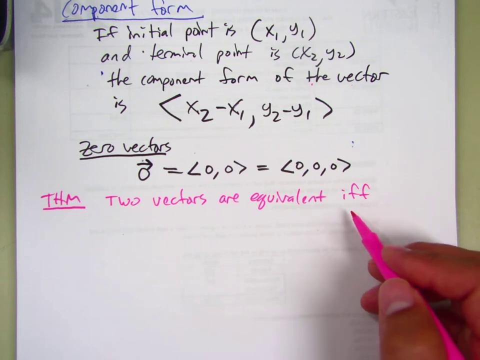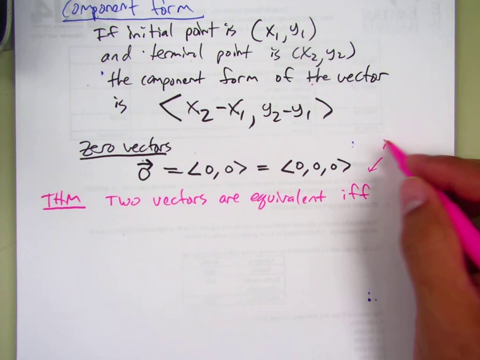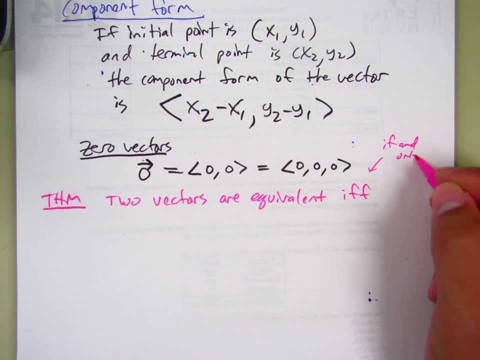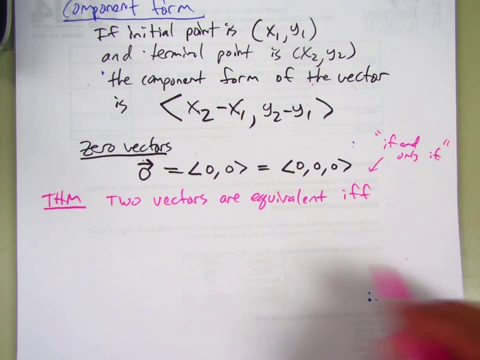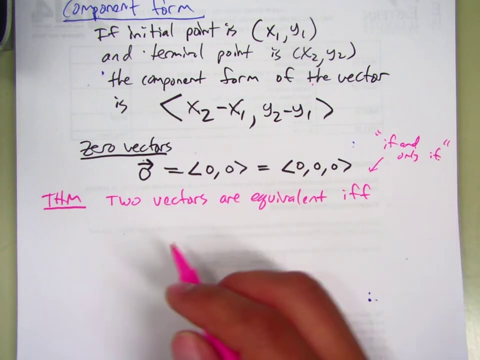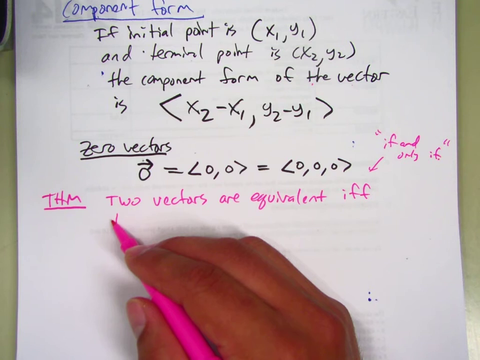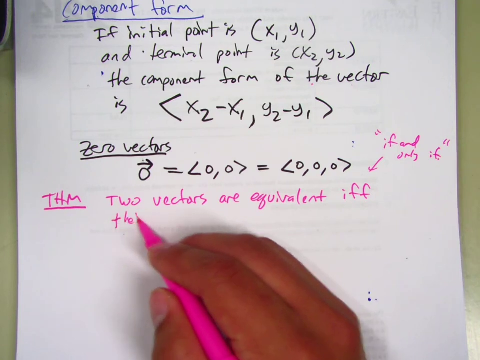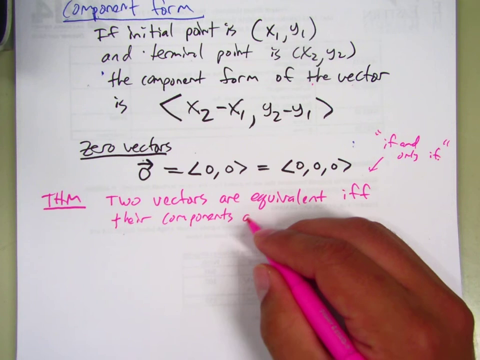It's not actually a word, IFF, but if you see this, it means if and only if. If and only if their components are equal.